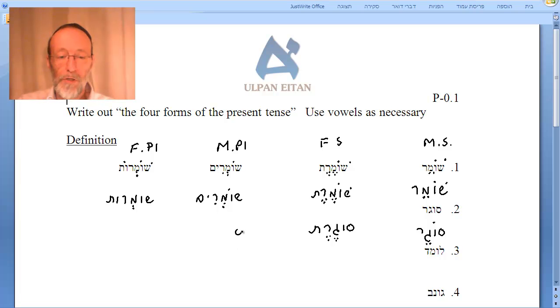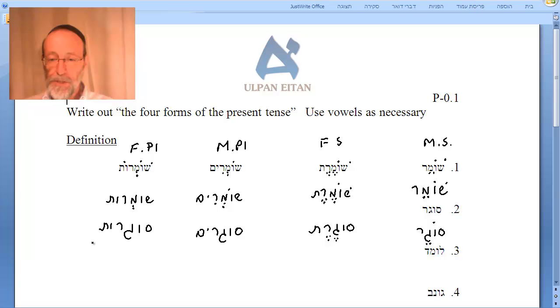The third is sogrim. And the fourth is sogrot. And I left out the vowels. Okay, I can read it correctly. Soger, sogeret, sogrim, sogrot. Exact same pattern as I had on the granddaddy.